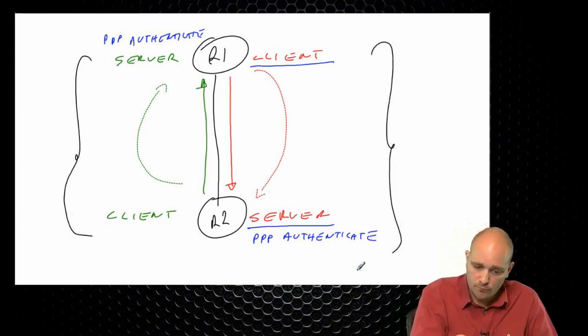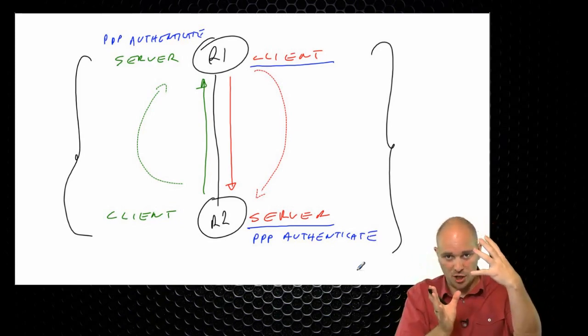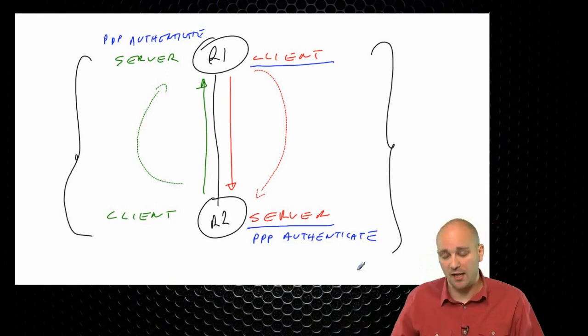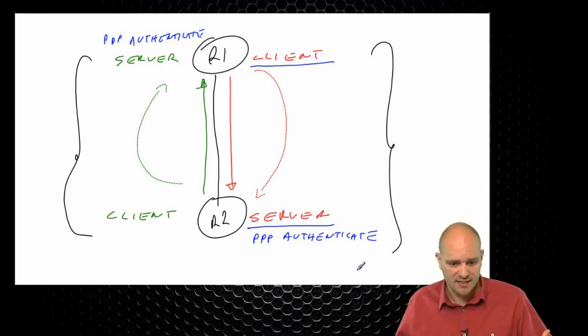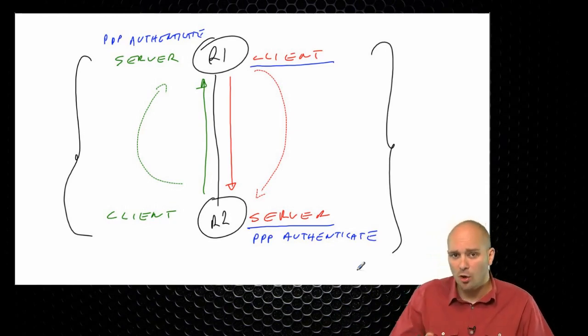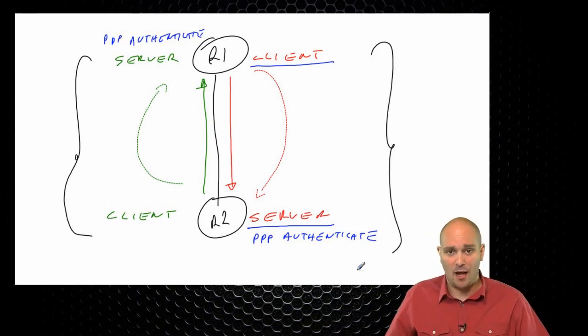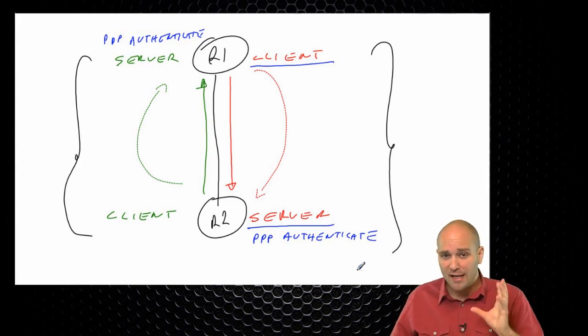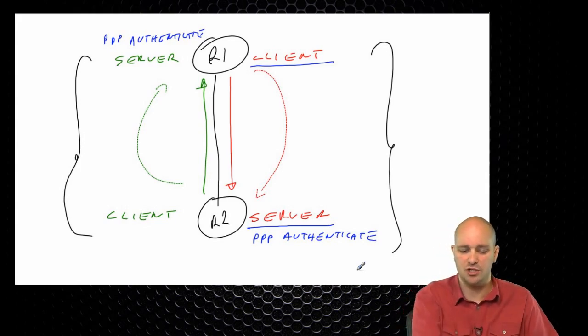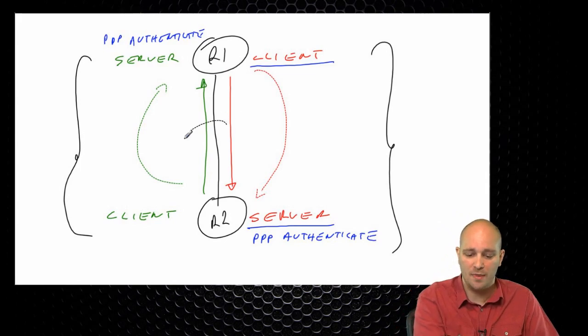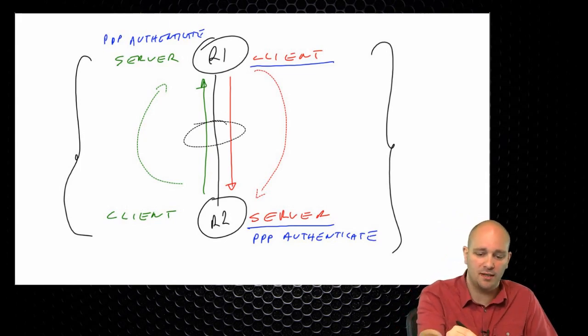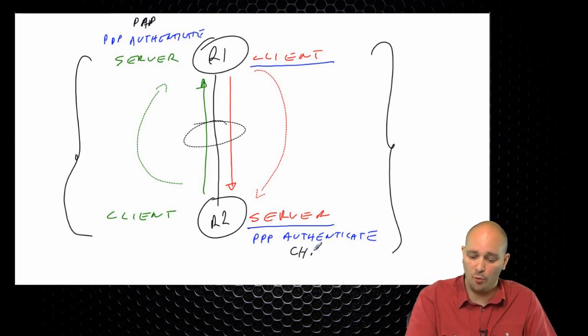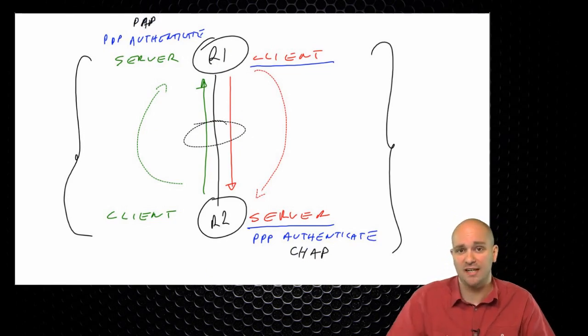Now, it is important to remember that these are independent from each other, but like everything in networking and everything in iOS, and iOS is very consistent in its inconsistency, this is true as long as you are not running PAP and CHAP. When you're running PAP and CHAP, there is a slight relationship between these two. If for example here we are running PAP and here we are running CHAP, or the other way around, the passwords need to match.